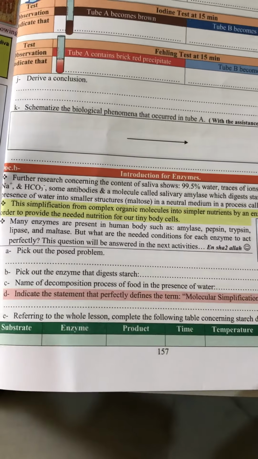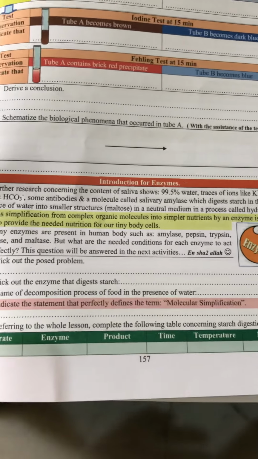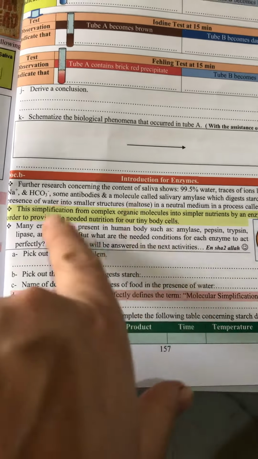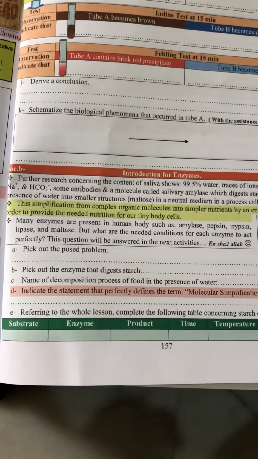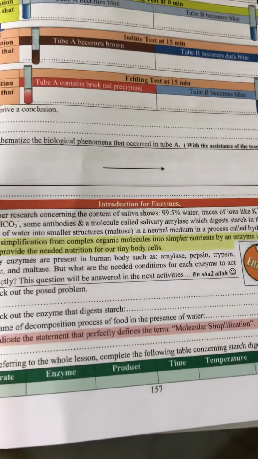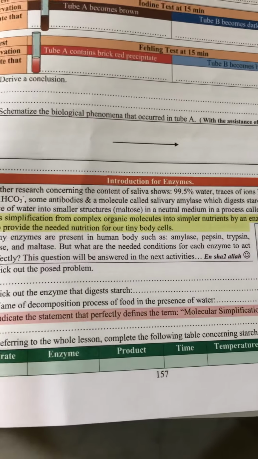We have acidic medium, basic medium, and the neutral medium, which has pH equals 7. This is called molecular simplification, where we are simplifying huge or large molecules into smaller ones.